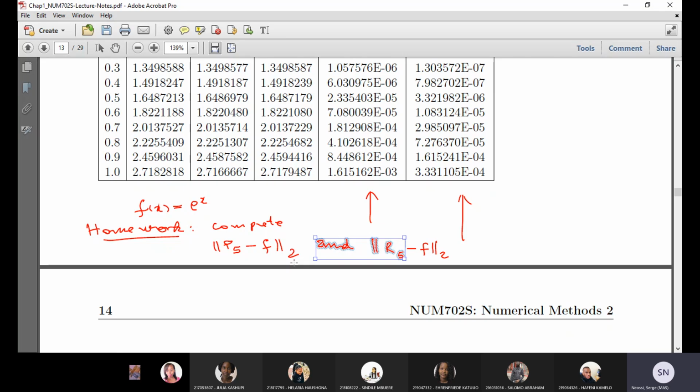You can use either the 2 norm or the infinity norm, and compare the results. So you will see that the second error will give you a good approximation compared to this one.